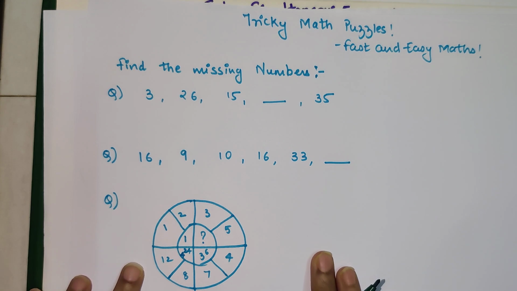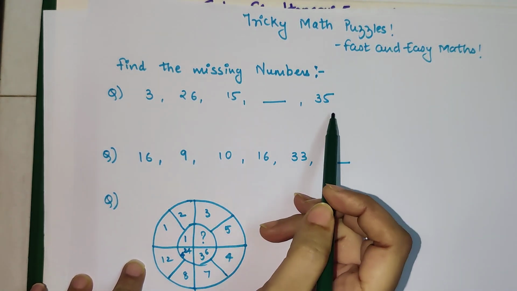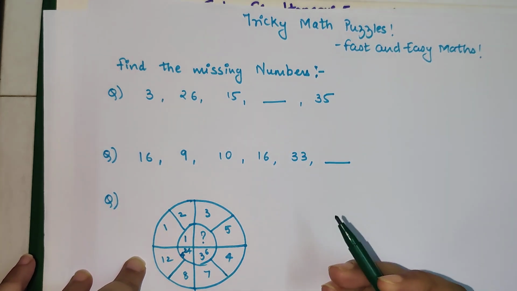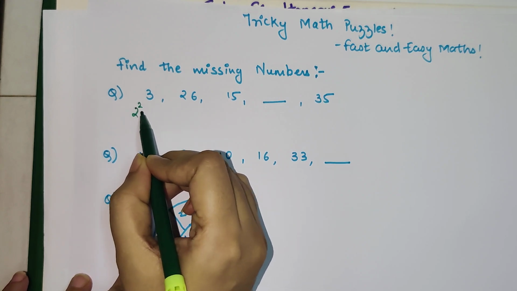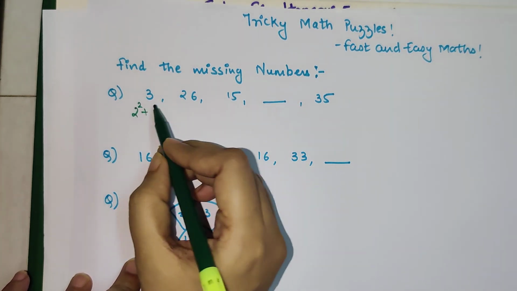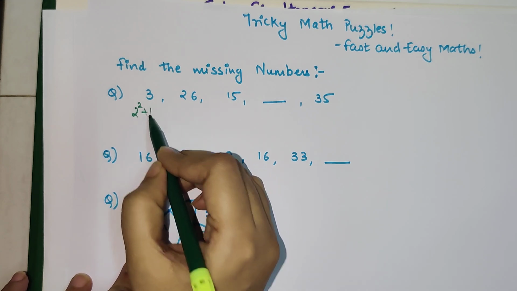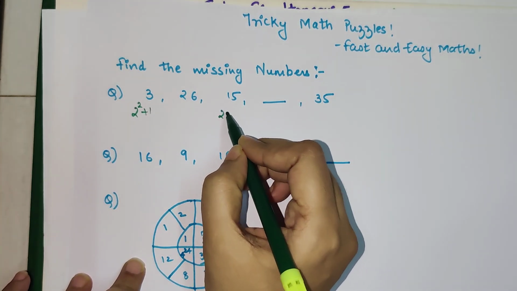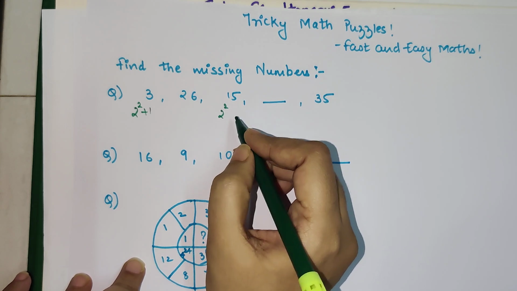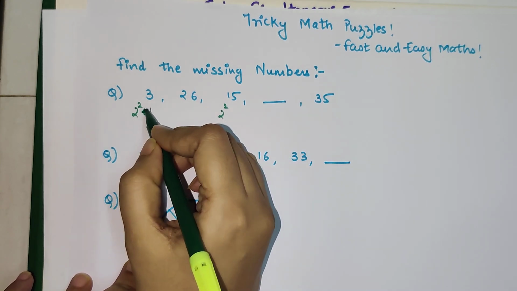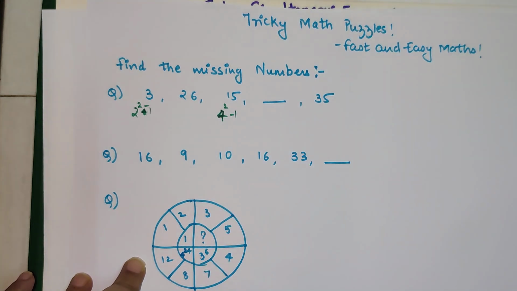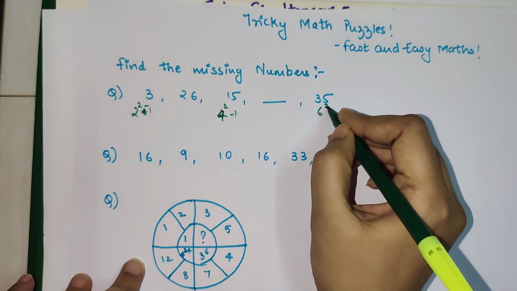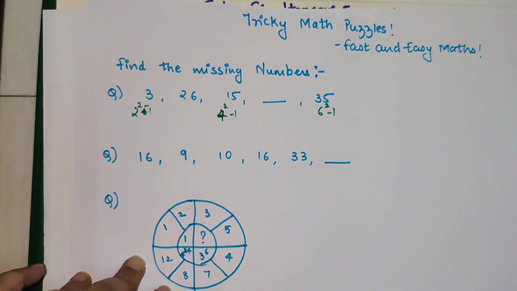Now if you look closely, these numbers are very close to squares of various numbers. If I say this is 2 square minus 1, and this is 4 square minus 1, and this is 6 square minus 1.